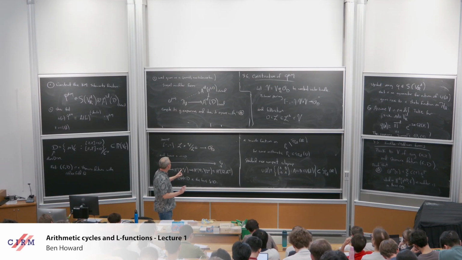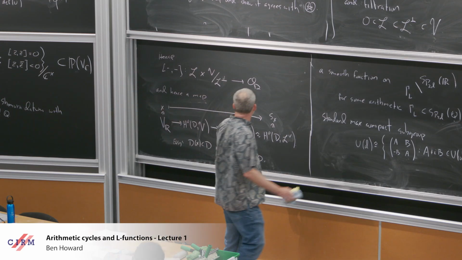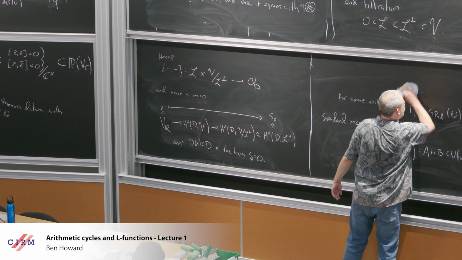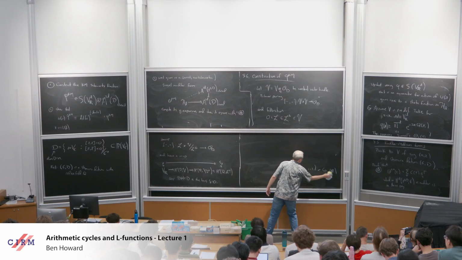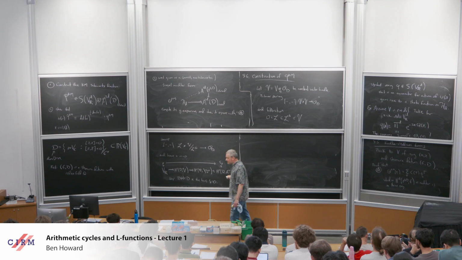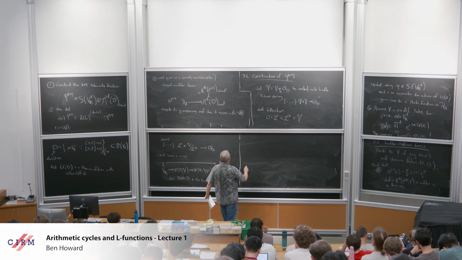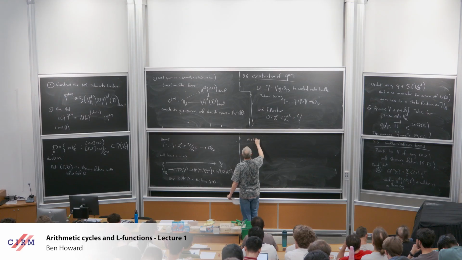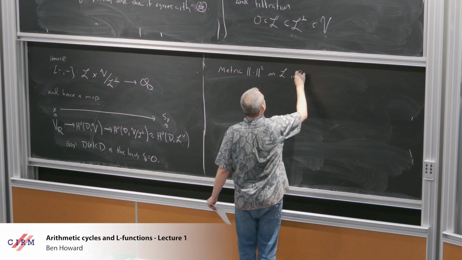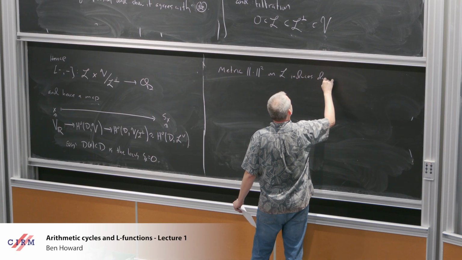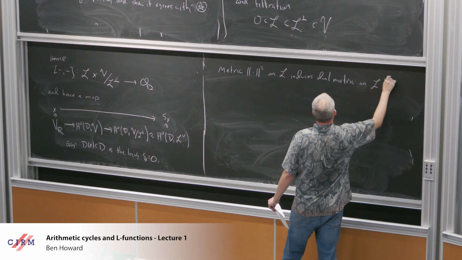Okay. And now I'm glad that back when I was listing all of the assets at our disposal, I included the fact that our line bundle L had this distinguished metric on it, which then induces a dual metric on the dual line bundle. So the metric on L induces a dual metric on L check.